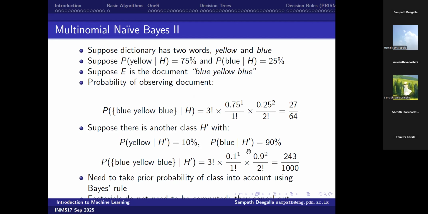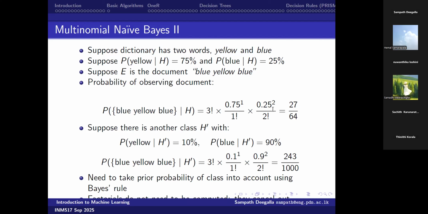So in this particular case, you will notice we have 3 here, and the probability for yellow is 75 divided by 1 factorial. And then the second one, blue, again the factorial.